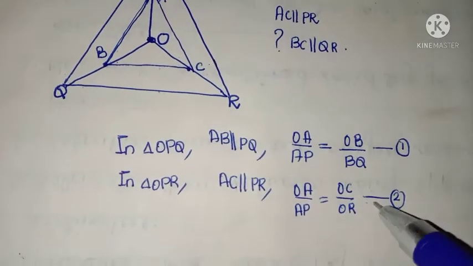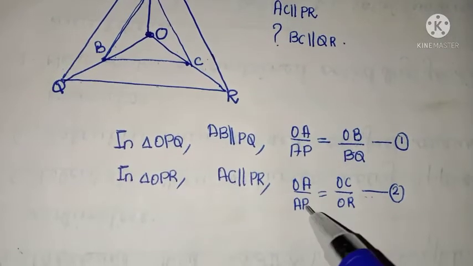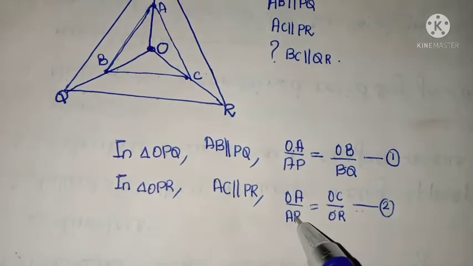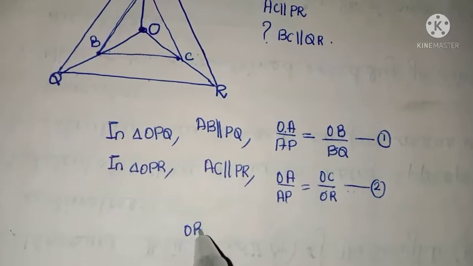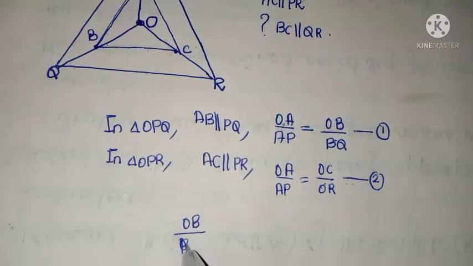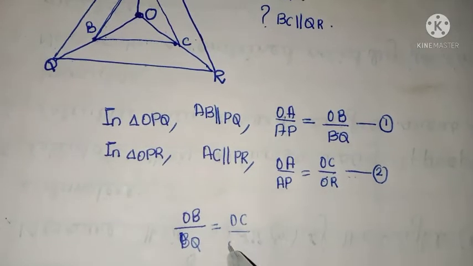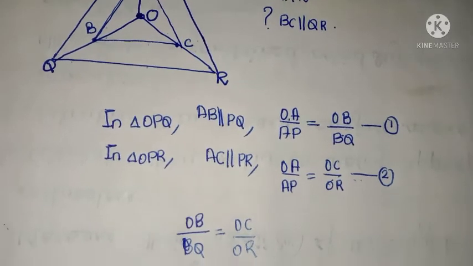Now look at these two equations. OA by AP equals OA by AP, right? So the left side is the same, so we can equate the right side. That is, OB by BQ equals OC by CR. Now look at the figure.